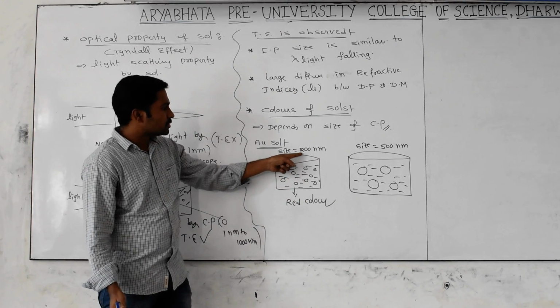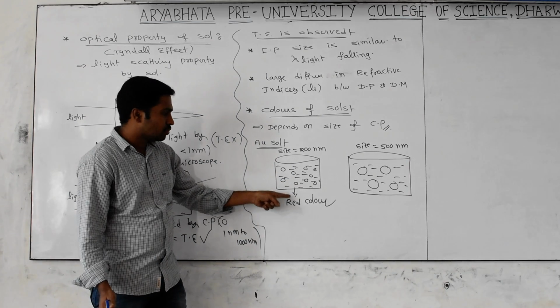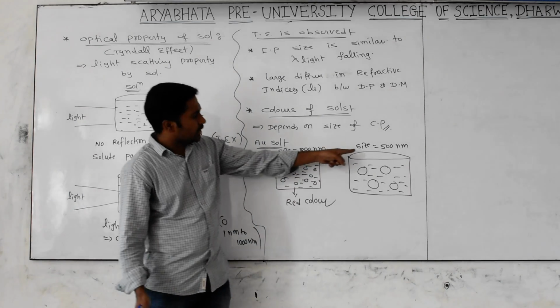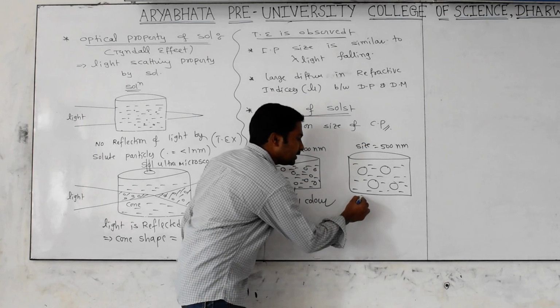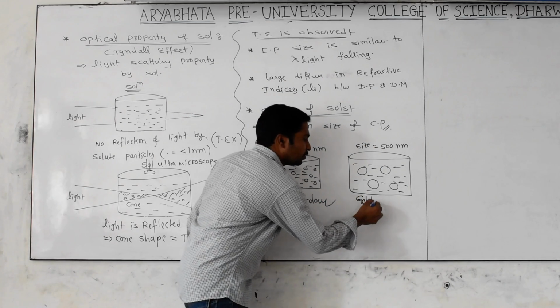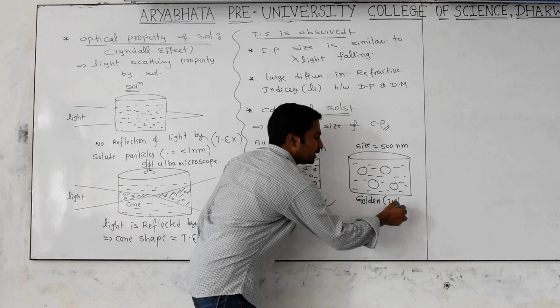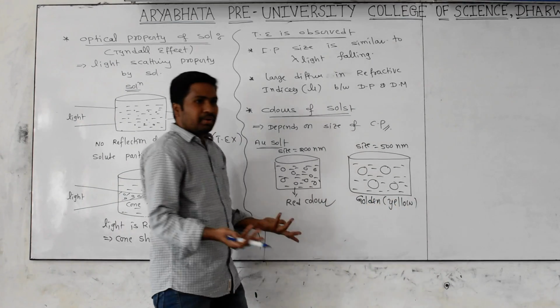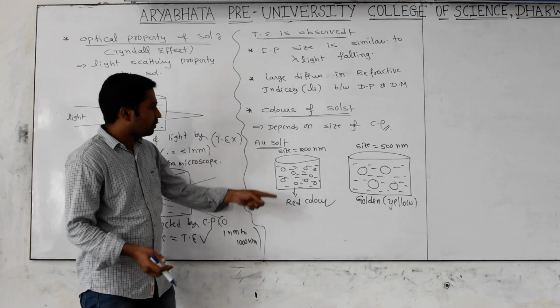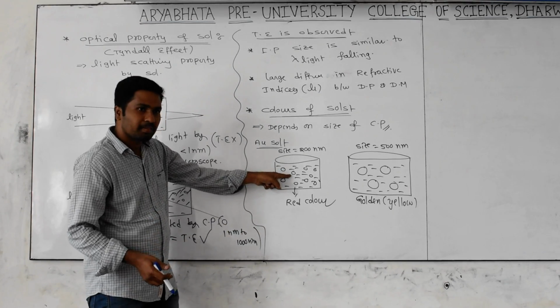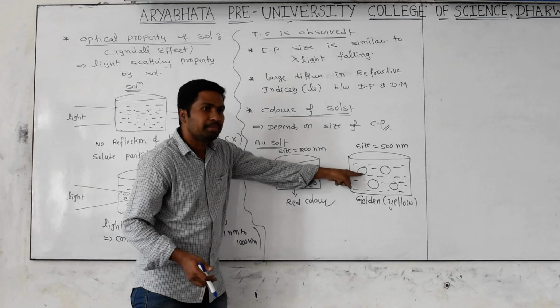The small size colloidal particle of gold sol appears in red color. The same gold sol, but with a relatively bigger size, appears in golden color. Indirectly, golden color means yellow color. Yes, where is the change coming from? Why is the change coming? Same sol, everything the same, but here is a small size colloidal particle and here a relatively bigger size.